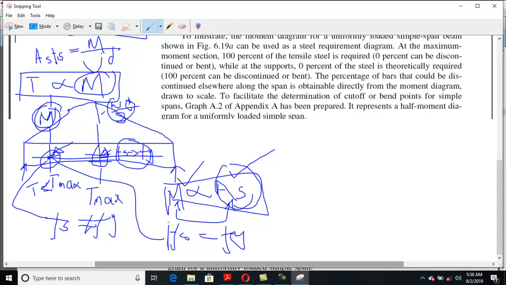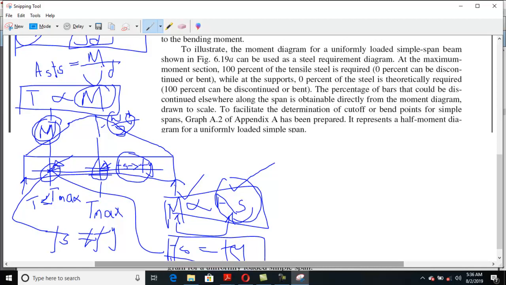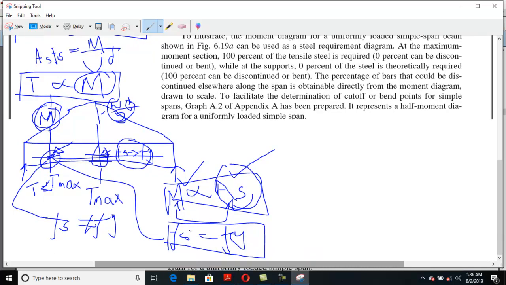So basically this is the basic mechanism which gives birth to cutting of bars along the length of the beam. To achieve this criteria, we cut off the bars, to ensure the yielding criteria, and it is also important from the economy point of view.